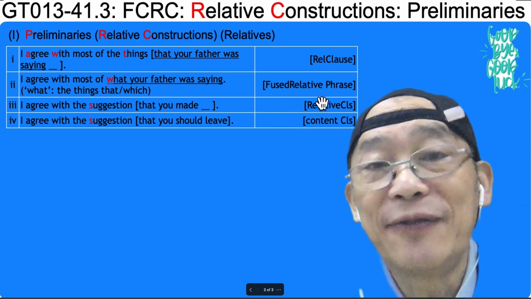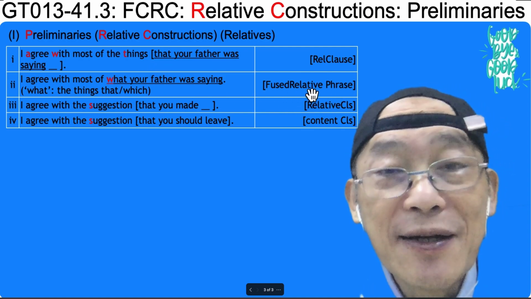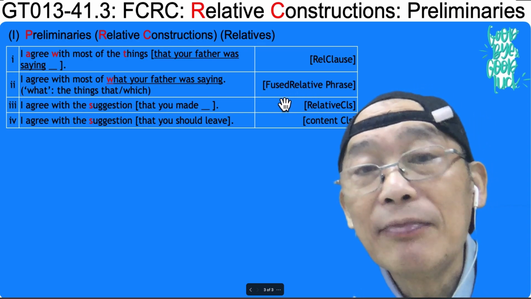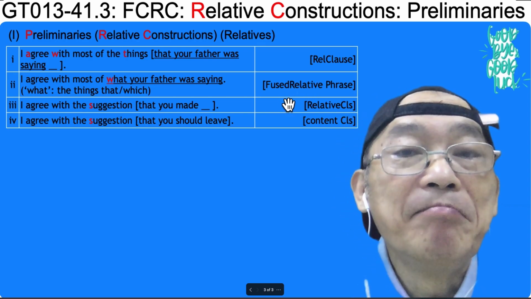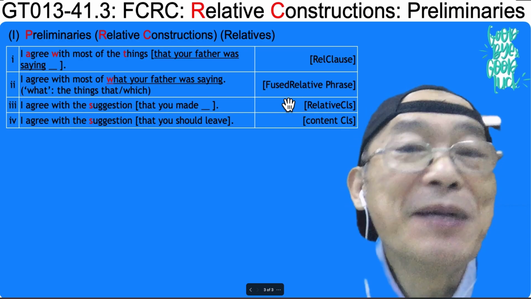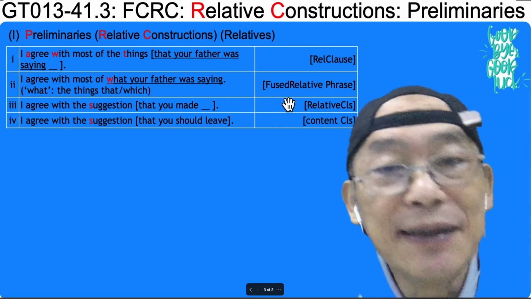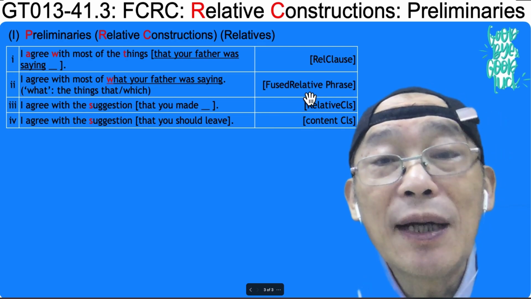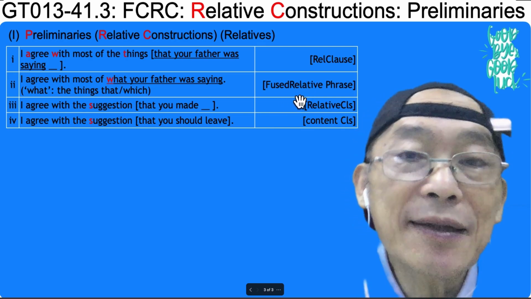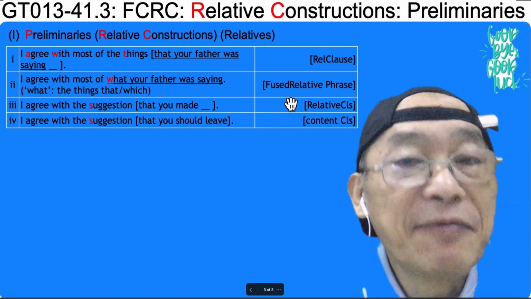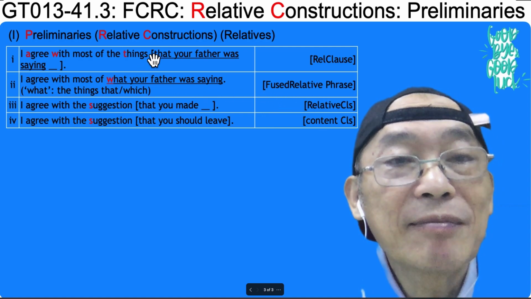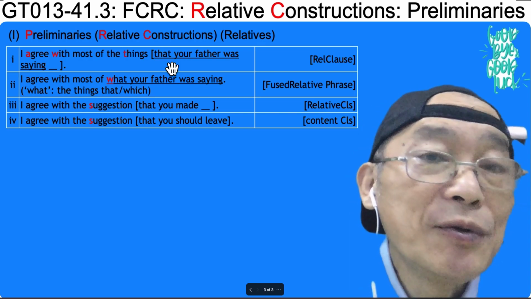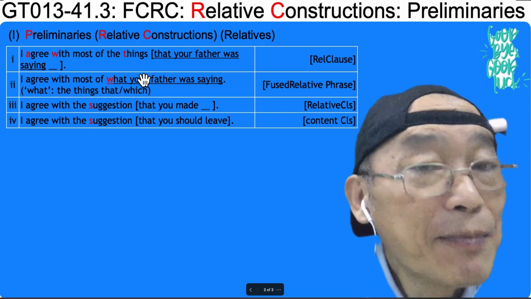It's a fused relative, because a relative pronoun and a marker are combined: an antecedent and a WH relative pronoun combined together.